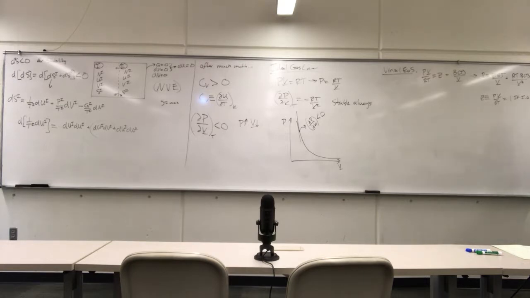We just say it's equal to 1 if it's an ideal gas. So we could also take the second derivative here, but I prefer to do something a little bit different. We can rearrange this expression to make it look a little bit different.